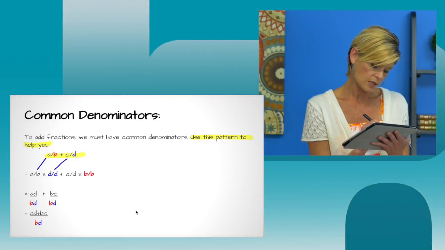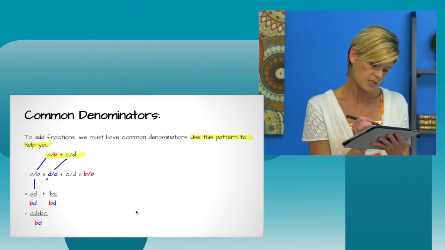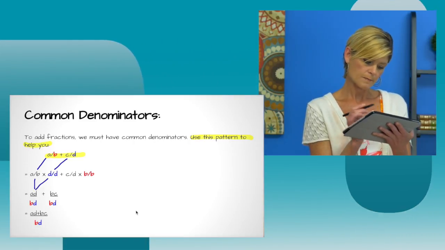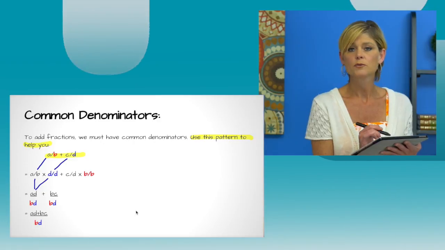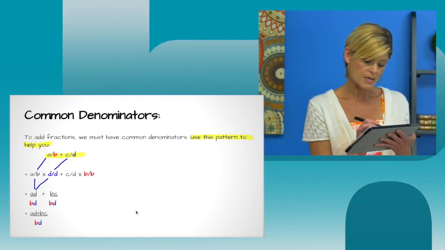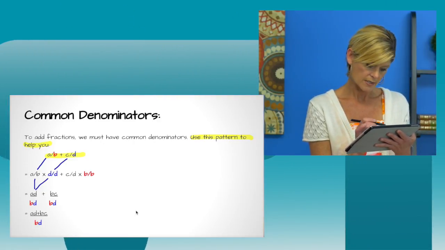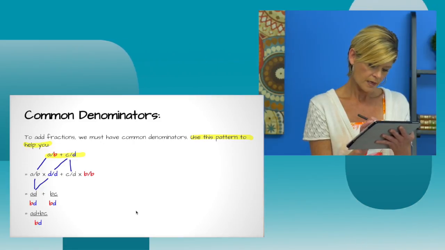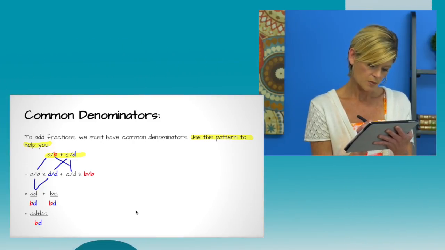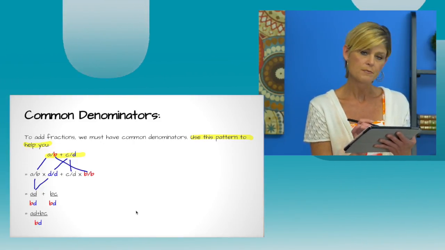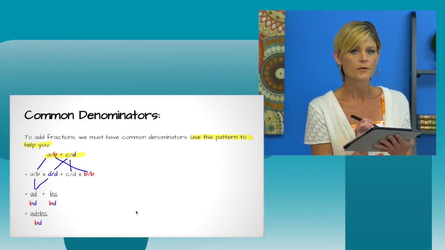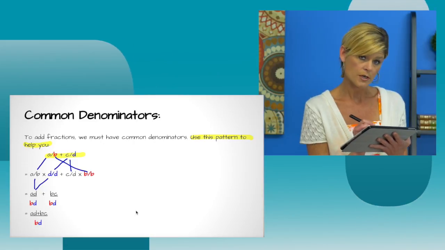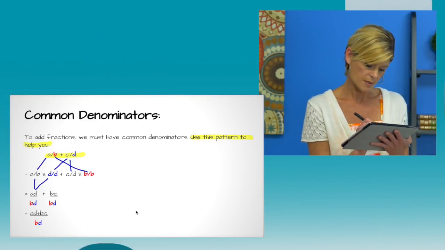And that is going to leave me with A times D over B times D. Now similarly on C over D, I'm going to have to multiply that by B so I can get a common denominator as well. So here's my C over D, and there's the B that I have to multiply my denominator D by so I can have a common denominator of BD. Again, remembering I have to do to the numerator what I'm doing to the denominator.